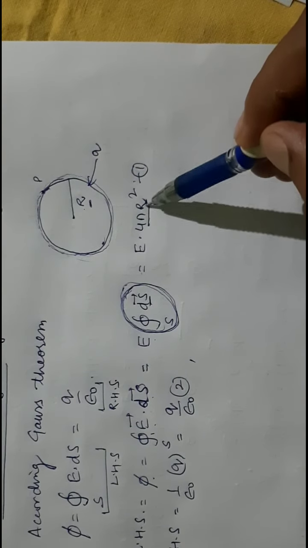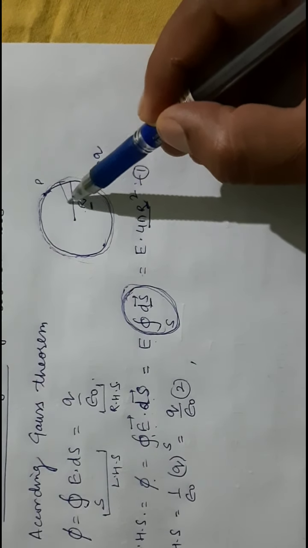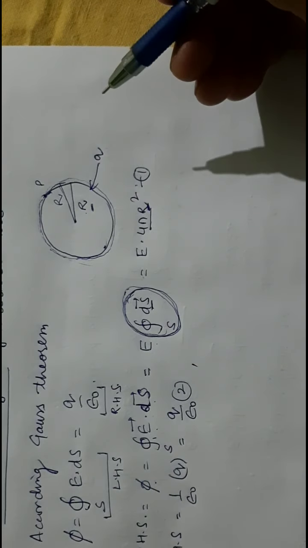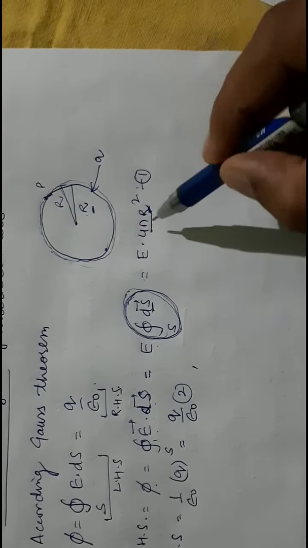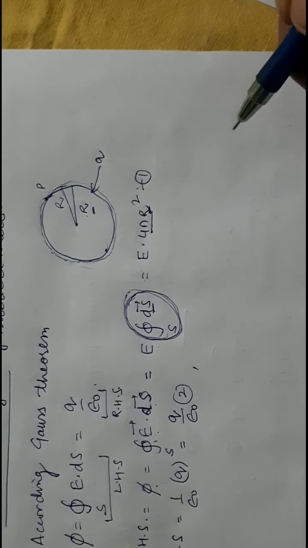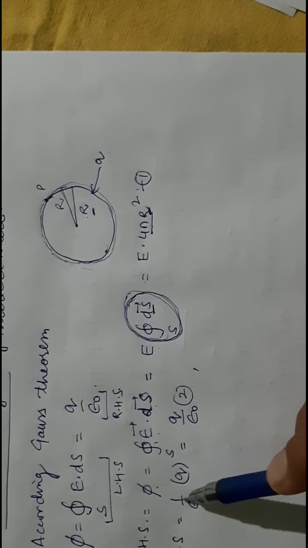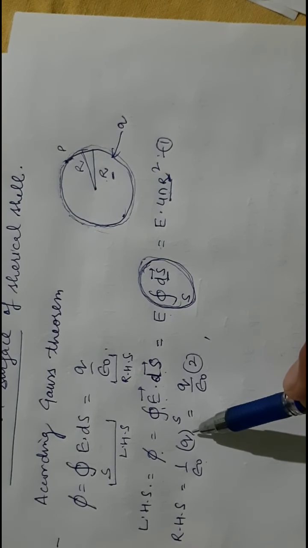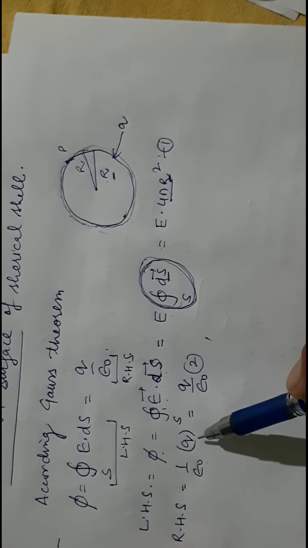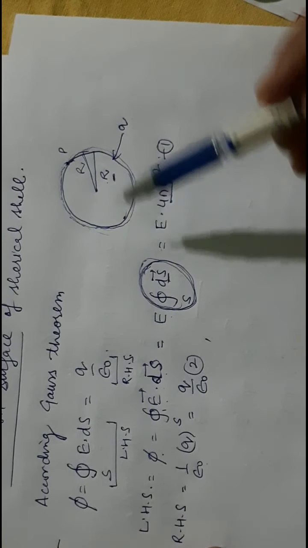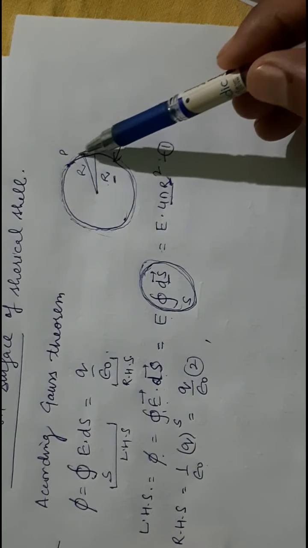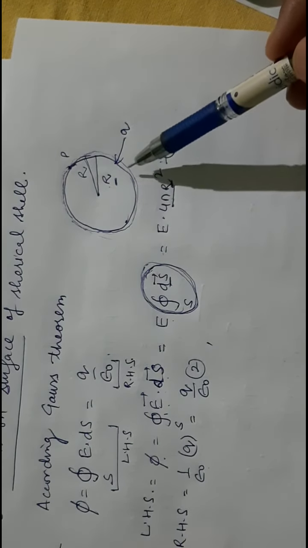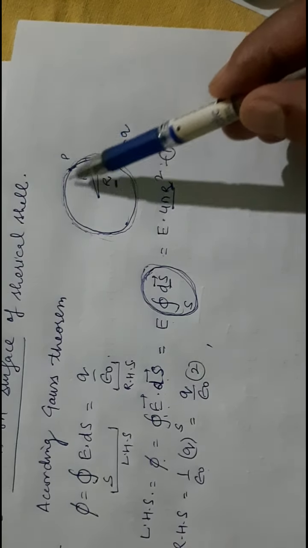Here, as the radius of the Gaussian surface is just above, that is approximately equal to the radius of the spherical shell, so it is 4 pi capital R square. The right hand side says 1 by epsilon naught times the total charge enclosed by the surface. This Gaussian surface is just above the spherical shell, meaning it encloses the spherical shell.